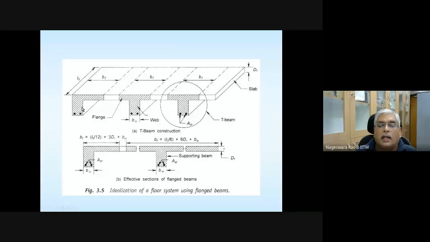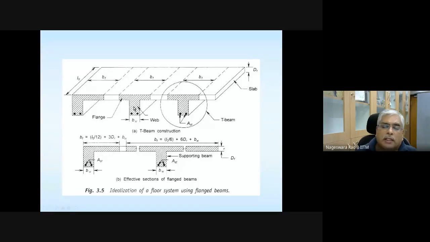Okay. And the next thing is the depth of the beam, the depth of the web, that we will see in today's class. In the last class, the problem that we looked at is given capital DF, given the width of the web, and also the overall depth of the beam, subtracting the slab thickness from the overall depth, we got the depth of the web section.